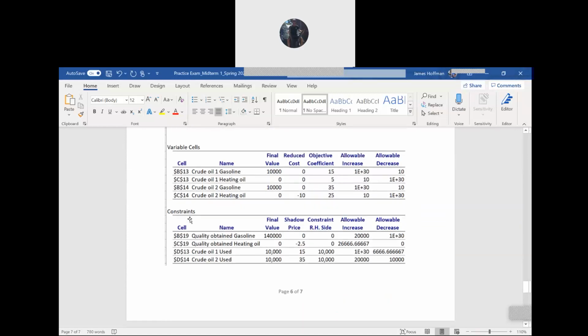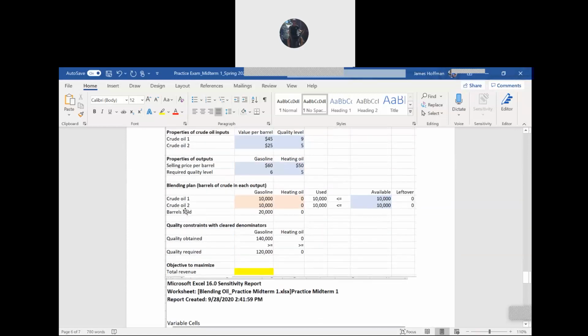All right, and then also we've got to meet the quality. So the quality obtained for gas and heating oil have to be greater than or equal to the quality required for each.